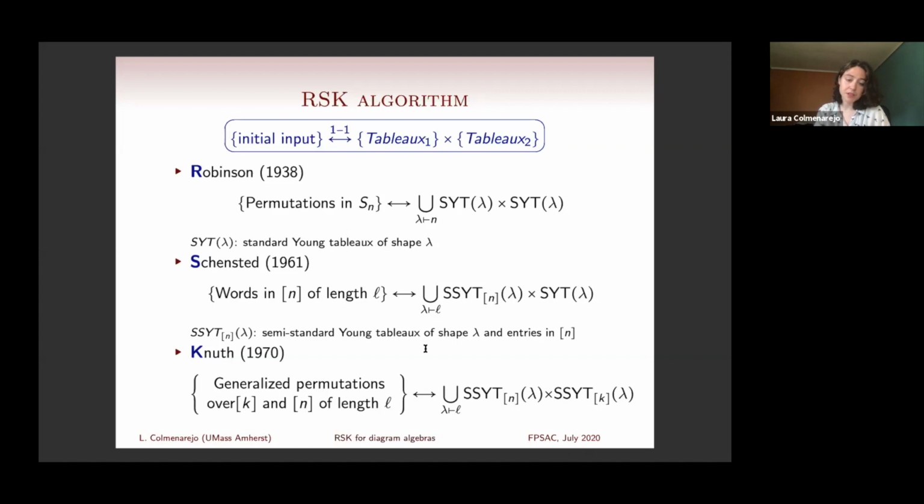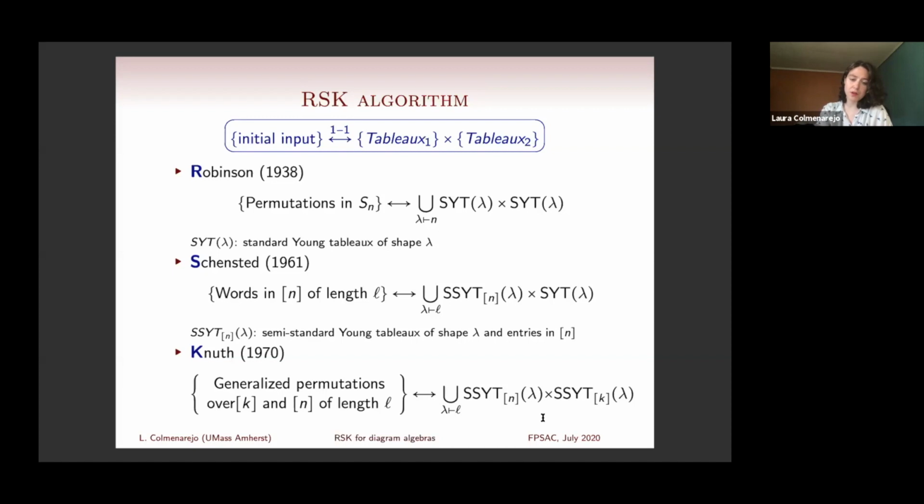And a few years after, Knuth generalized to generalized permutations over two different alphabets of length L. In this case, both sets of tableaux are semi-standard Young tableaux, each with the corresponding alphabet, but both of the same shape.